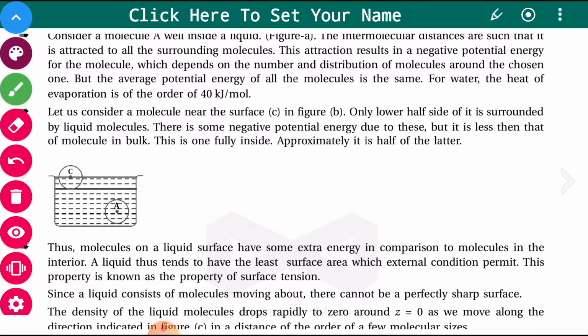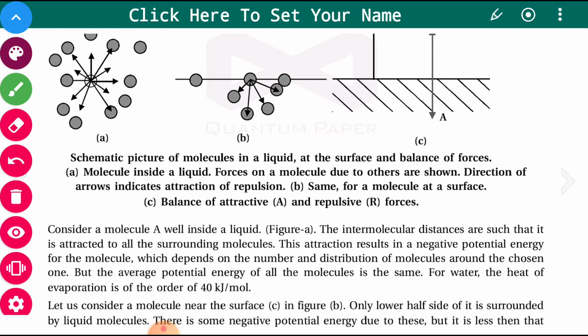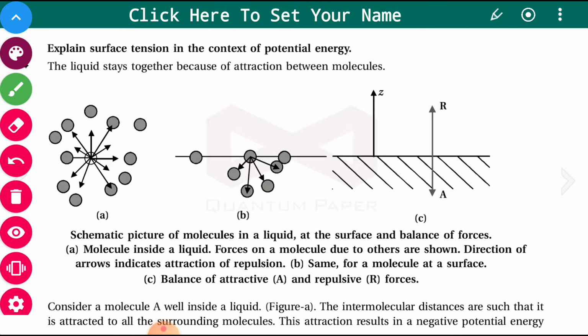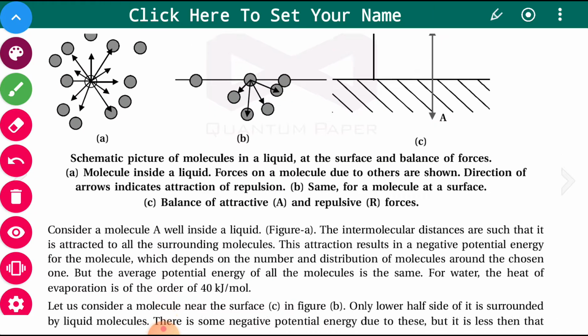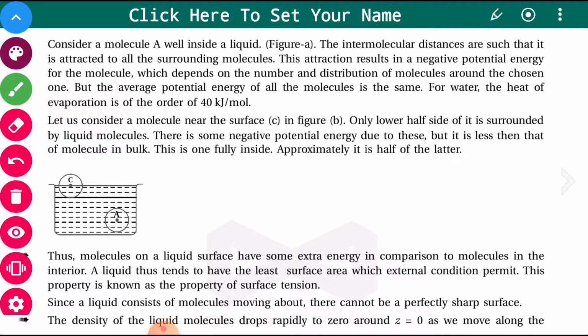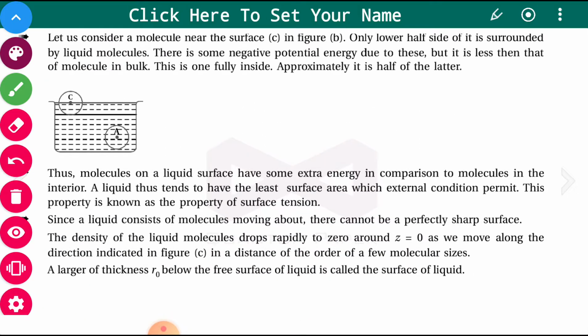Now let us consider a molecule near the surface, that is figures C and D, slightly below the surface. This molecule has a resultant force in the downward direction, so it has a tendency to go down inside the liquid.